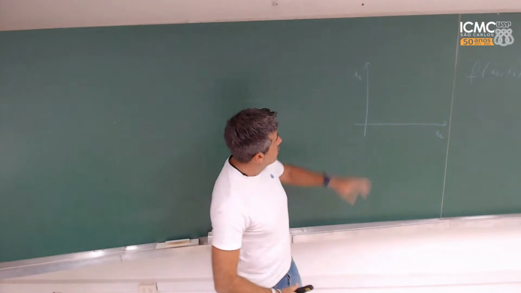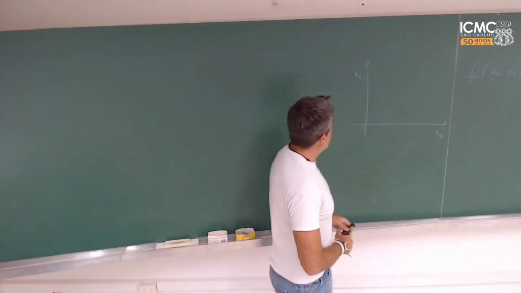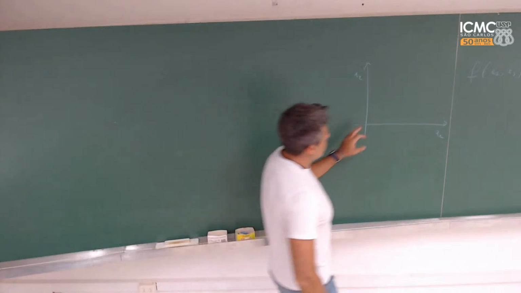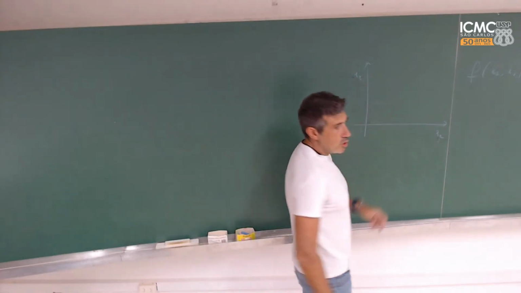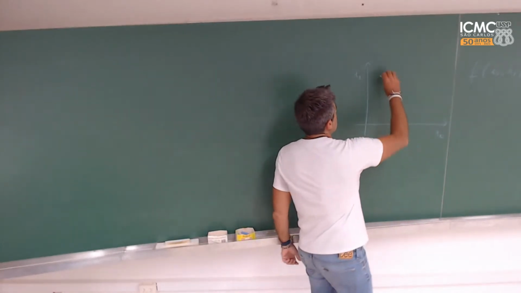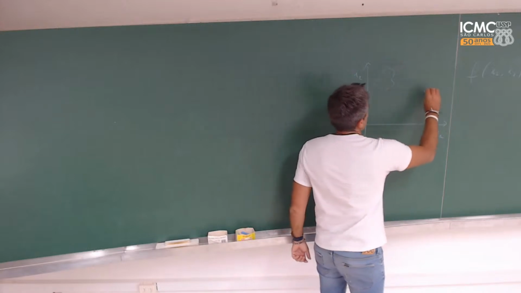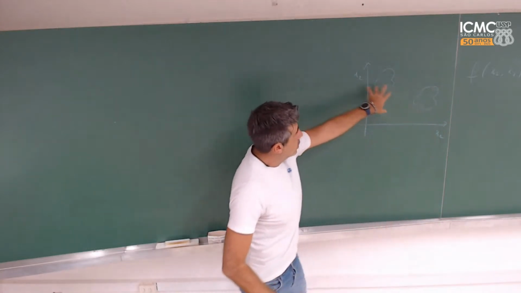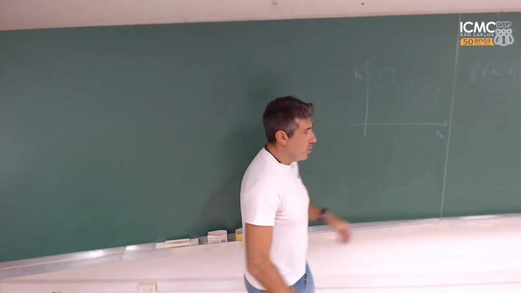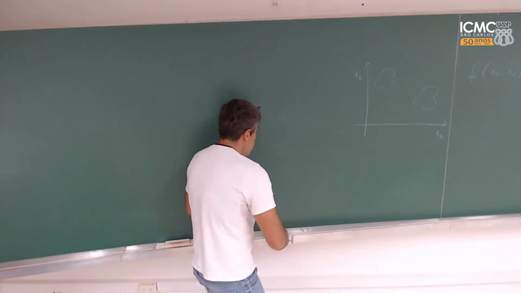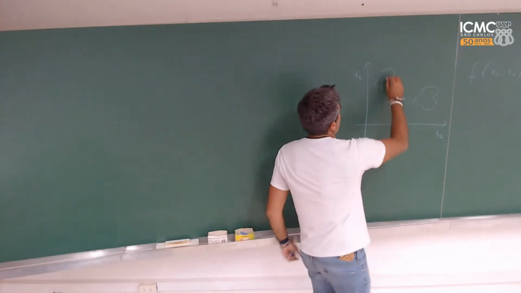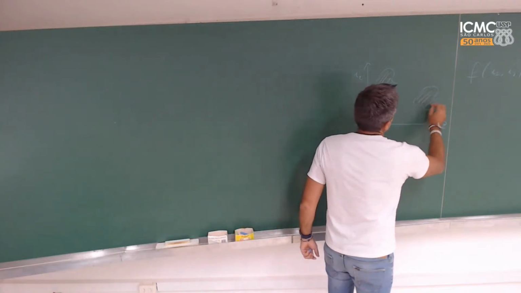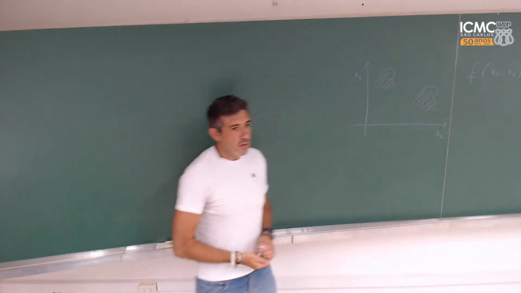Okay, we can represent on a graph the values assumed by 1 and 2, and there could be regions where I have faults, or regions where we have no faults.